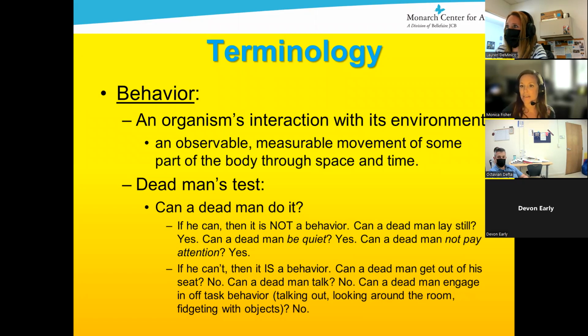Yes, those are things that we could see our kids maybe doing, but it's not acting. So we want to look at how we can define and measure what those things are. If a dead man can't do it, then it is a behavior, right? So getting up out of your seat, talking, engaging in some sort of off-task behavior like talking out or looking around the room, or fidgeting with objects.